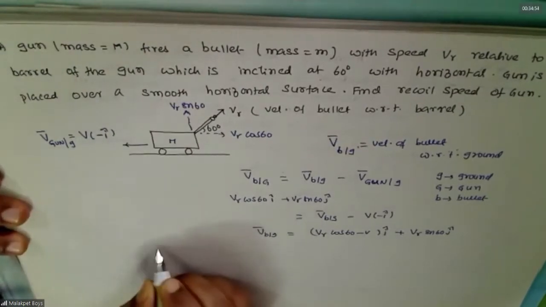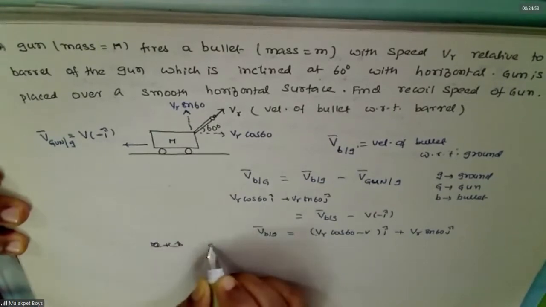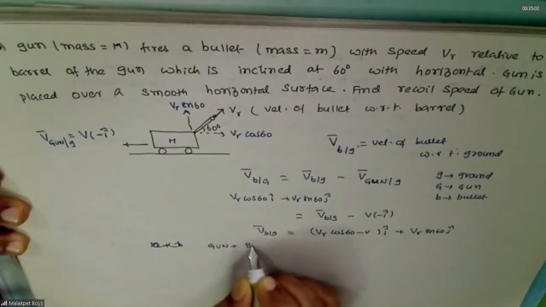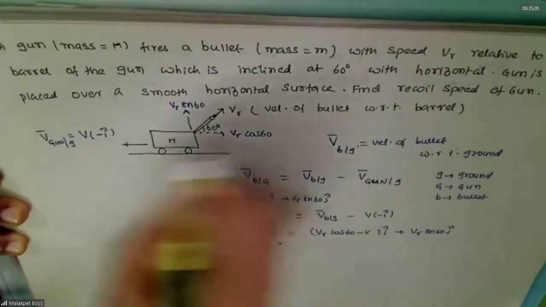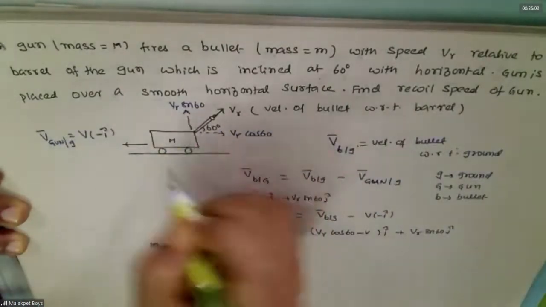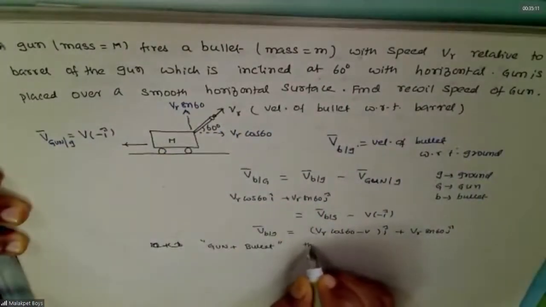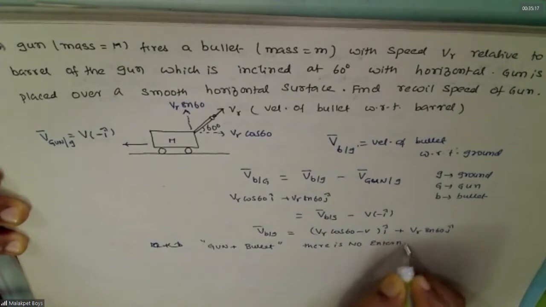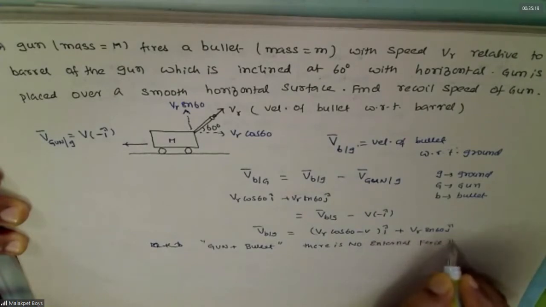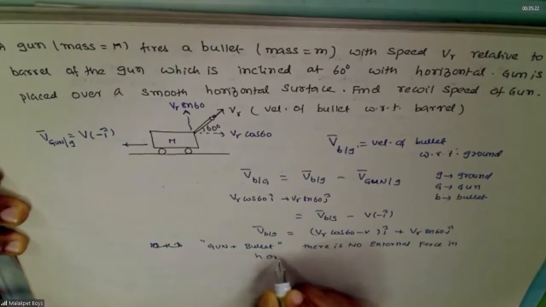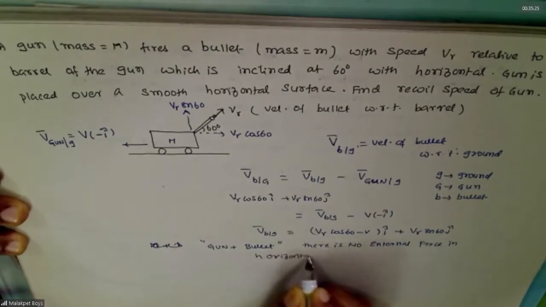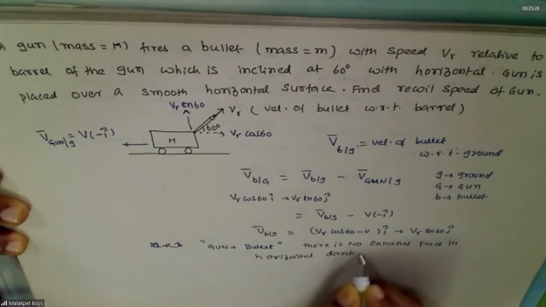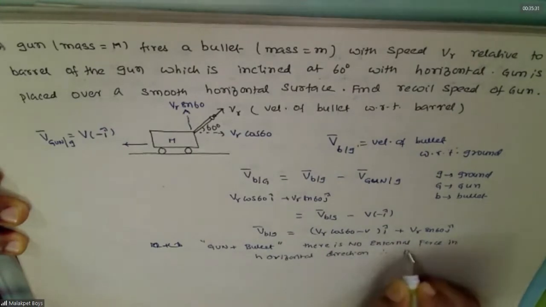Now we can conserve momentum for the gun plus bullet system. Is there any external force? No, sir, this is all a horizontal surface. So there is no external force applied. Momentum along x direction is constant.